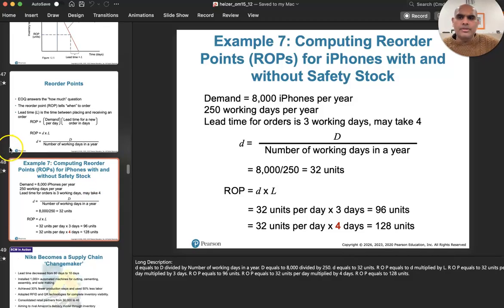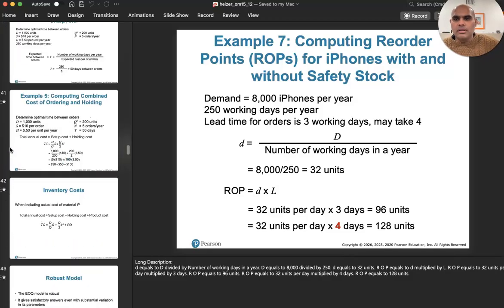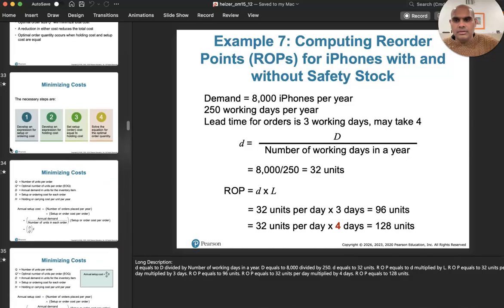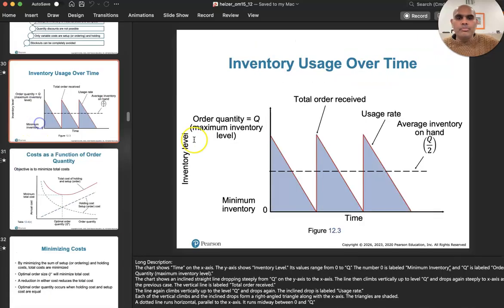But what exactly is the reorder point? If you go back to this economic order quantity cycle right here, you keep a tally of inventory as the days go on. Your inventory starts at capital Q, your optimal order quantity, and slowly you start using it.